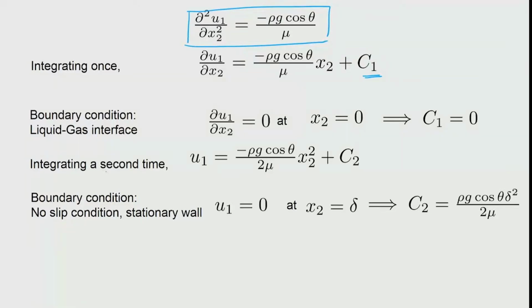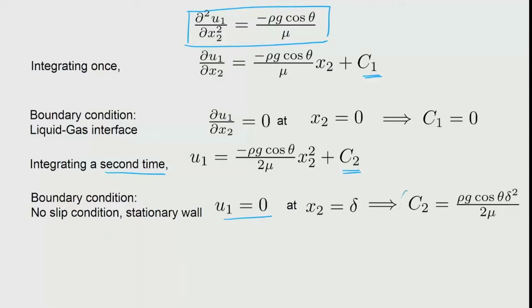When we integrate a second time, we can see that it comes to x2 squared by 2, and then we have an integration constant C2, and we need to substitute the boundary condition at the stationary wall, u1 equal to 0 at x2 equal to delta, and that will give you the value of C2.